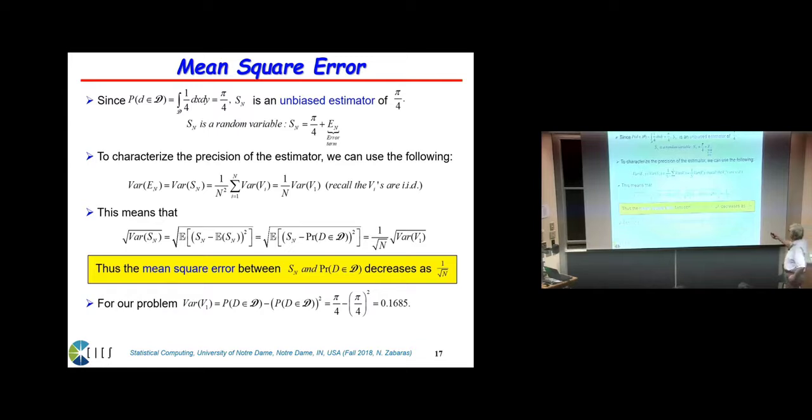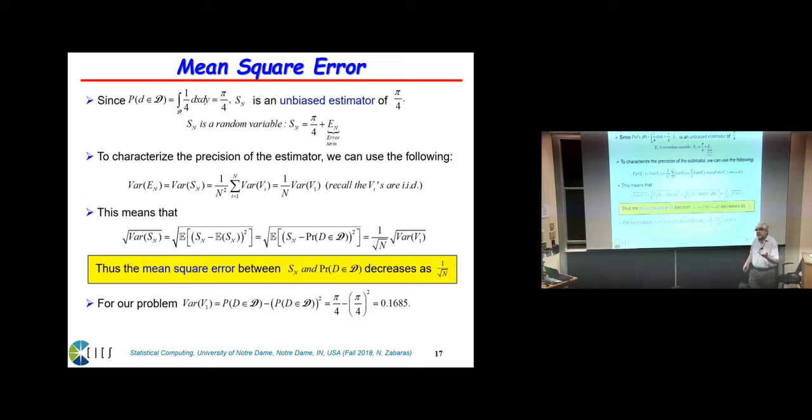And this constant here, the square root of the actual variance, you can actually estimate exactly. Can you tell me from where this thing came? So this is the true variance. Why does it look like that? Help me. You remember the true probability was pi over 4, right? So what's the variance? It is the expectation of x squared minus the expectation of x, squared. So this is the expectation squared, so pi over 4 squared. And why did that first term become pi over 4 only?